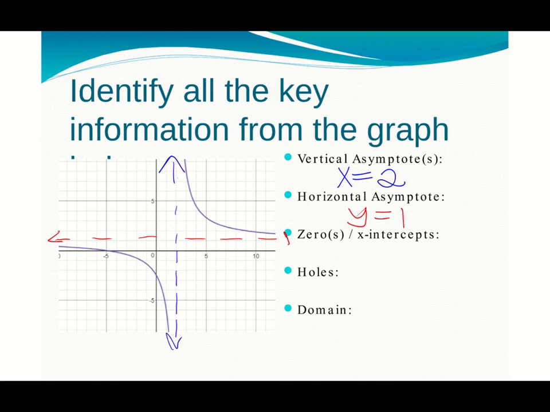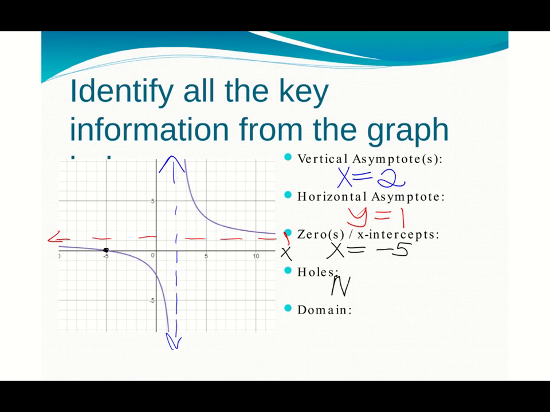If we look at our graph, we do cross our x-axis, so we do have a zero or an x-intercept at -5. So our zero would be x equals -5. Next, looking for any holes, if we look at our graph, it's continuous. We don't see any open spots, so we have no holes.